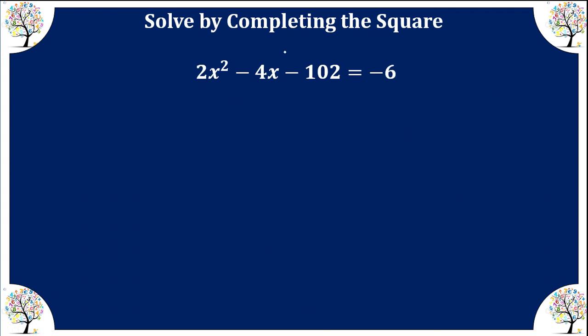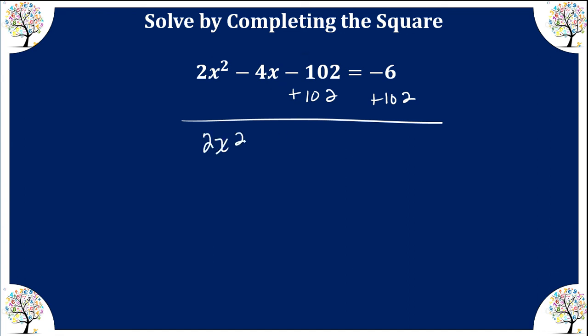Okay, last one, guys. So step 1, you have to move the c value if there is one. If it's just a quadratic and a linear on the left, then you don't have to move anything. So now we have 2x squared minus 4x equals, and when we combine these, we're going to get 96.